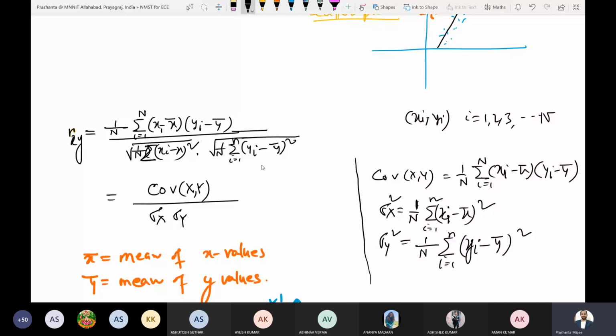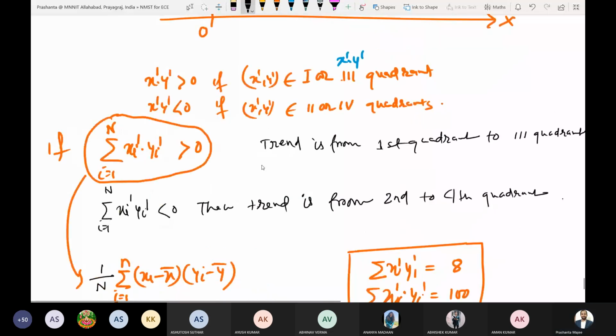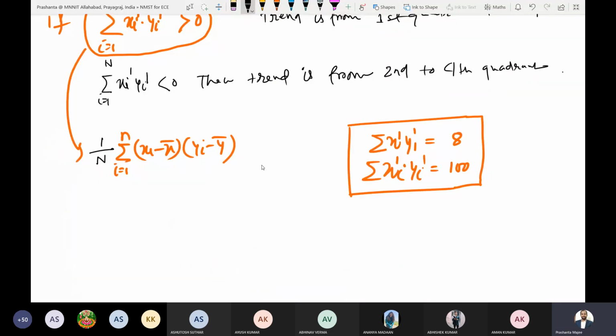Suppose it should be unit independent. Suppose the x value is given in kg and the y value in centimeter. How do we interpret the data? This measurement should be independent of the units. That is why we divide by the standard deviation.